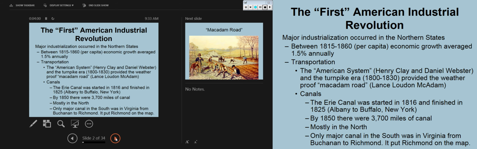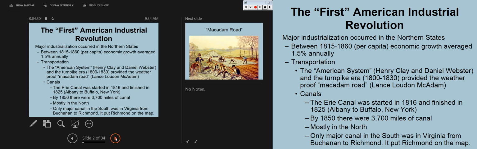Hamilton was in support of industry and a national bank. Jefferson was not. Much of the southern states become Democratic Republicans. Industry is slow to grow in southern states. We do see industrial cities like Birmingham, Alabama, Richmond, Virginia, Danville, Virginia, but most of those are related to commodities that are either agriculture or mineral commodities.